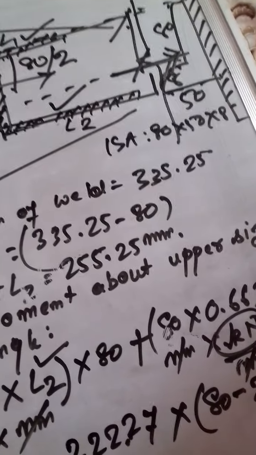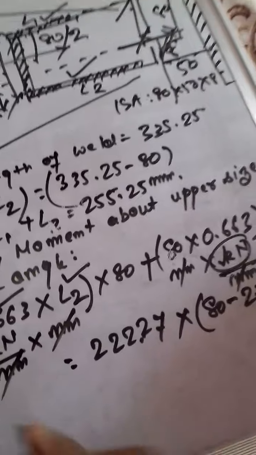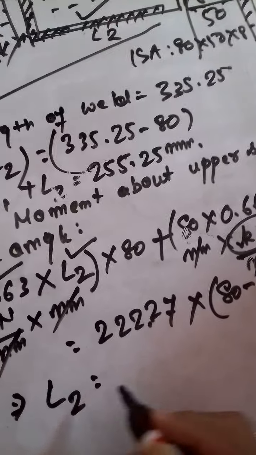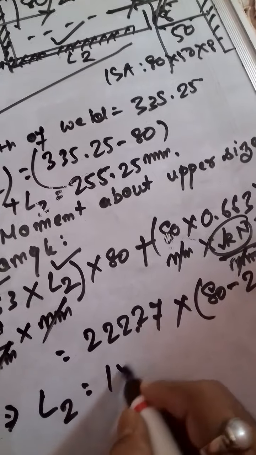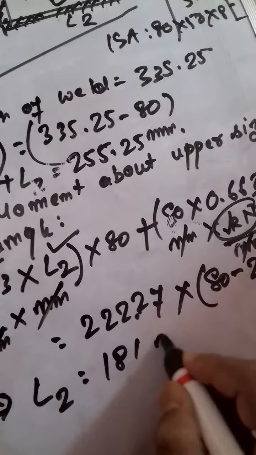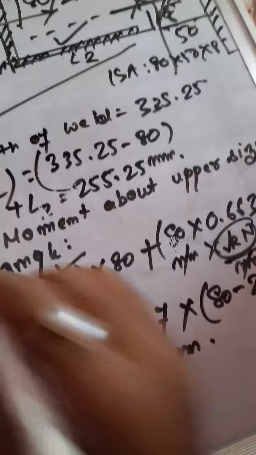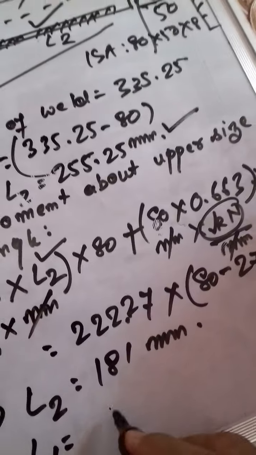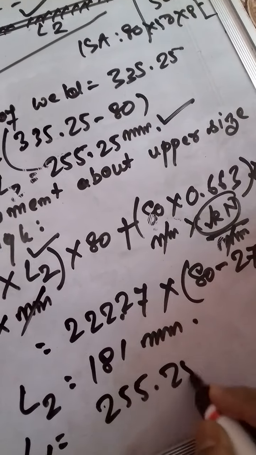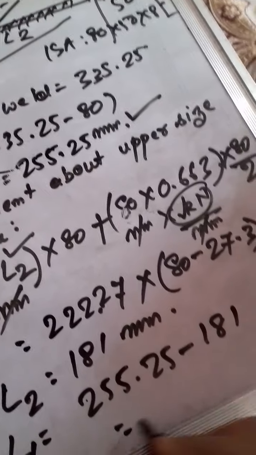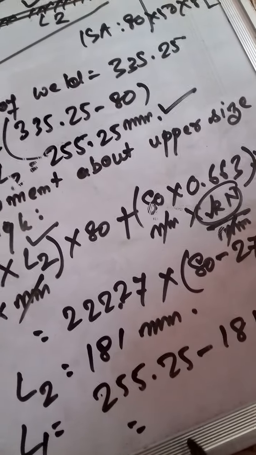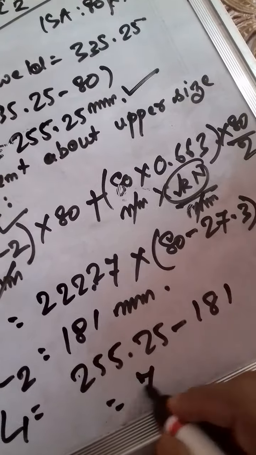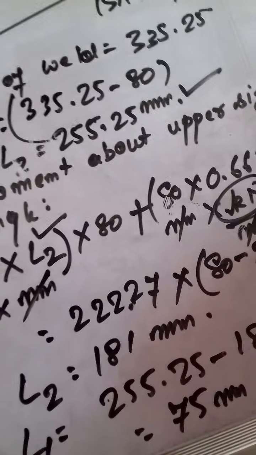So if we solve it, you will get the value of L2 equal to 181 mm. So L1 is equal to, we know that L1 plus L2 is equal to 255.25, minus 181. You are getting the value of L1 as equal to 75 mm approximately. So this is the problem. Okay, thank you.